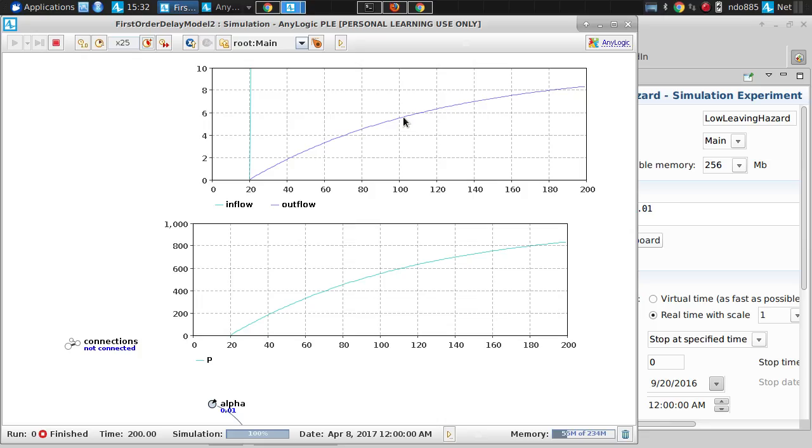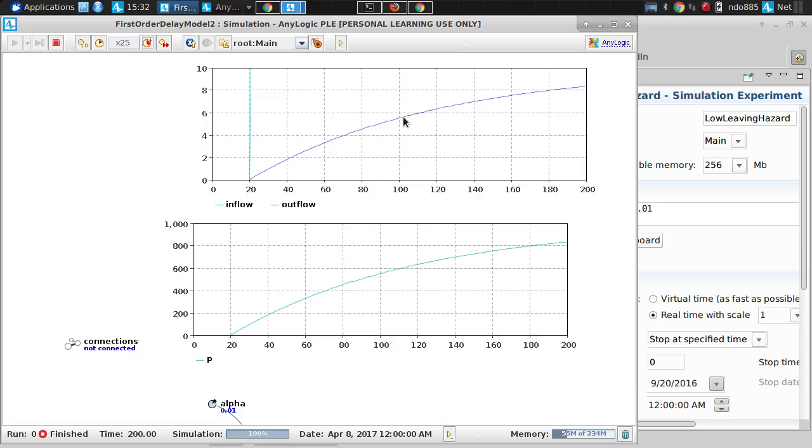If alpha is really small, the stock will have to be at a really high level to make the outflow equal to the inflow. On the other hand, if alpha is really, really high, the stock value can be at low levels and still have the outflow match the inflow.